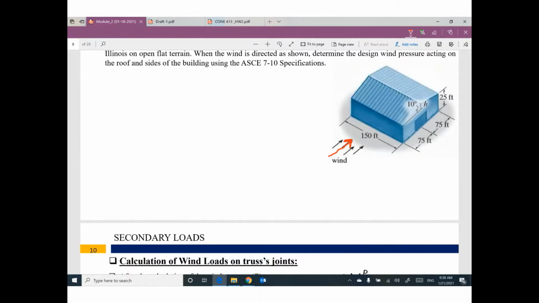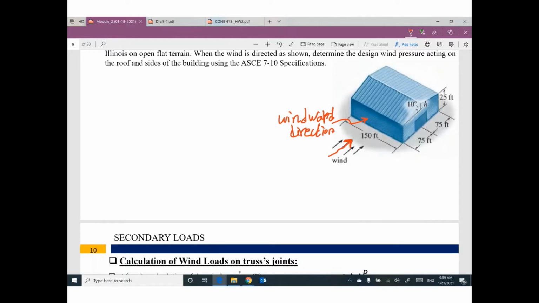Probably I covered it last year in the structure analysis course. This side of the building, which is opposite to the wind direction, can be called windward direction.